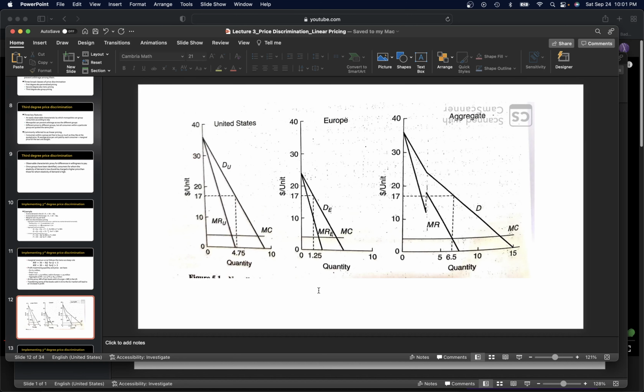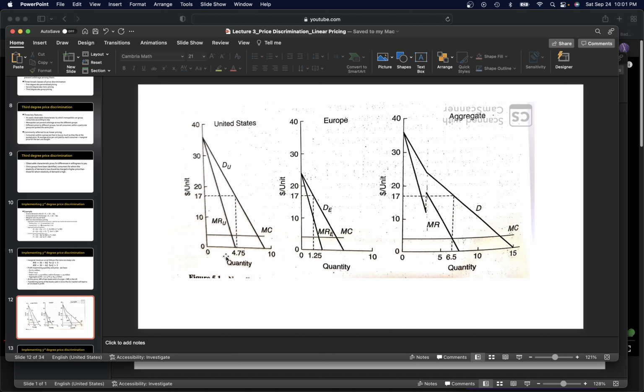All right, so now we've got this situation for the uniform price. In this case, if the marginal cost is 4, it will intersect the marginal revenue of the aggregate demand at this level, 6.5. The price is 17, and then you can read from each country's demand curve at price 17 how much quantity each will consume.